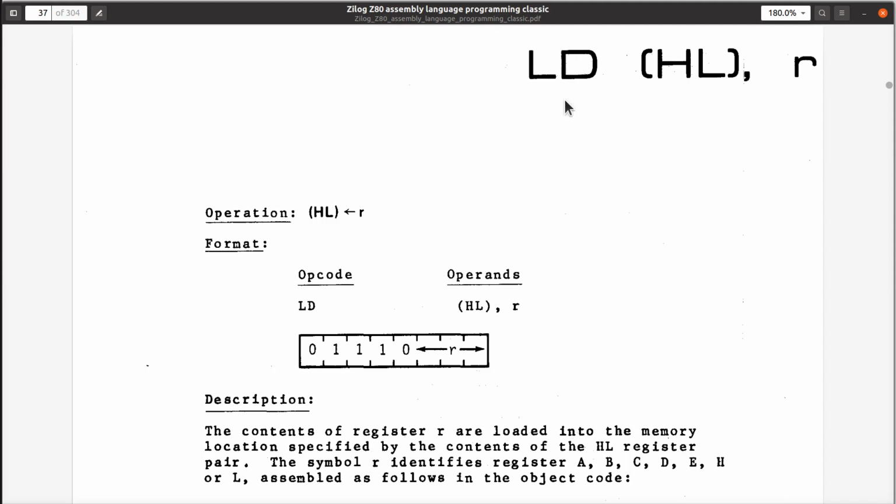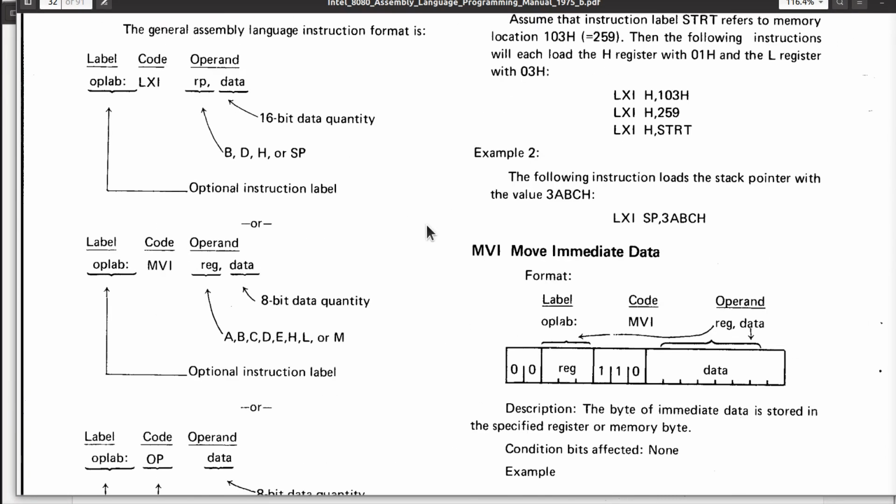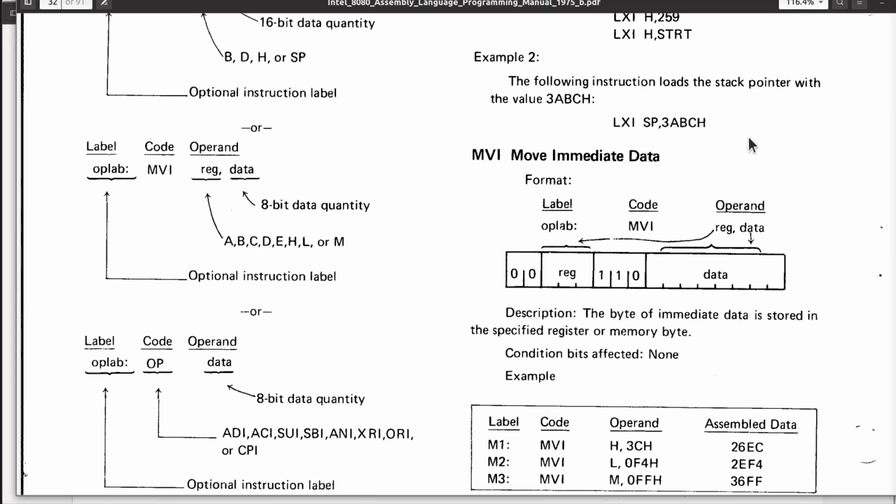LD always makes more sense to me anyway than move. Move always suggests to me that you're vacating something along the way. I'm moving it from point A to point B, and thus from point A it's no longer there in my mind. I found these confusing, but they should have called it copy.